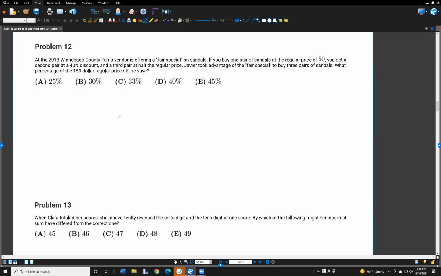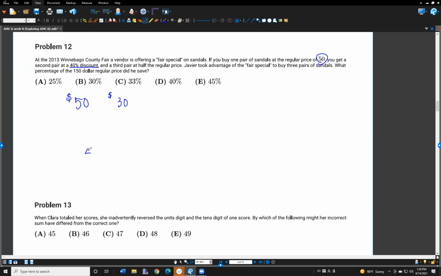If you buy 1 pair of sandals at regular price, the regular price is $50. The second one is 40% discount. 40% of 50 is how much? $20. The second one will be $30.